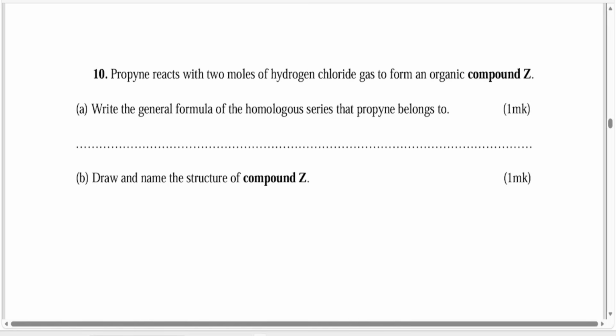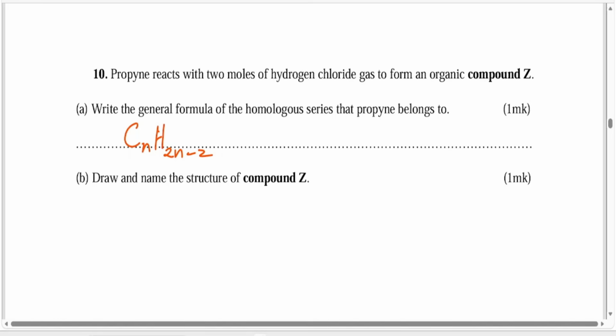We know these are alkynes, and alkynes belong to a group of hydrocarbons with general formula CnH2n-2, meaning that if I have an alkyne with 2 carbons, then it will be C2, then H2 times 2, which is 4, minus 2, which is 2.